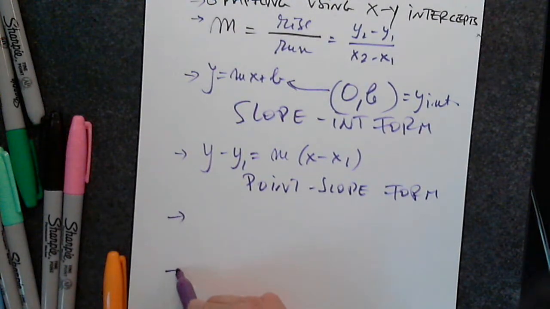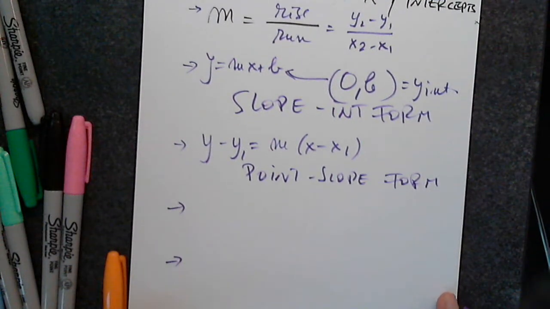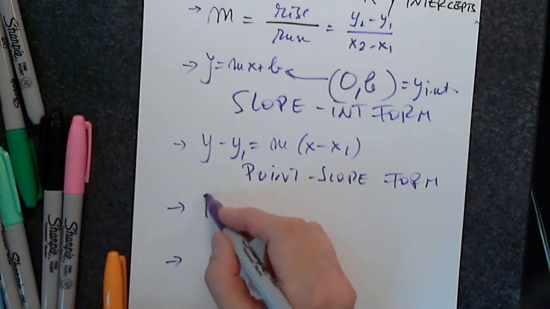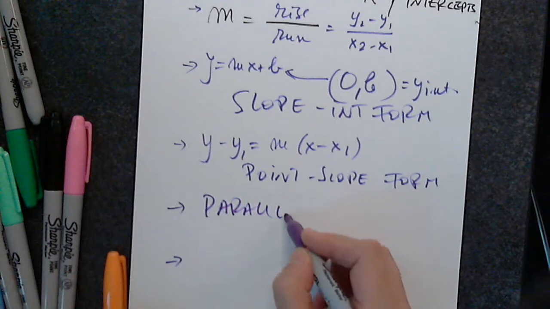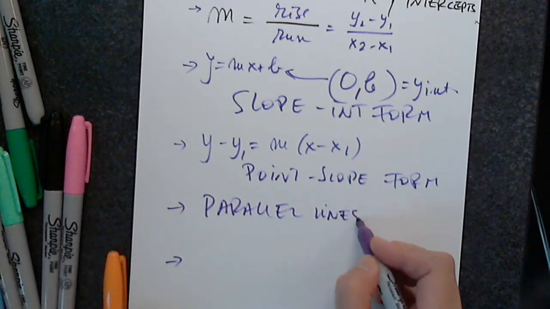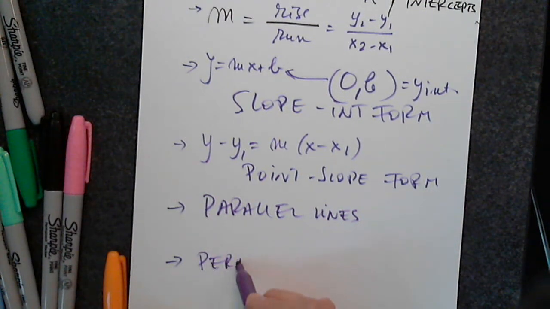And just two other items here, and that's it, and we can look at problems. This is a quick review for you. Parallel lines and perpendicular.